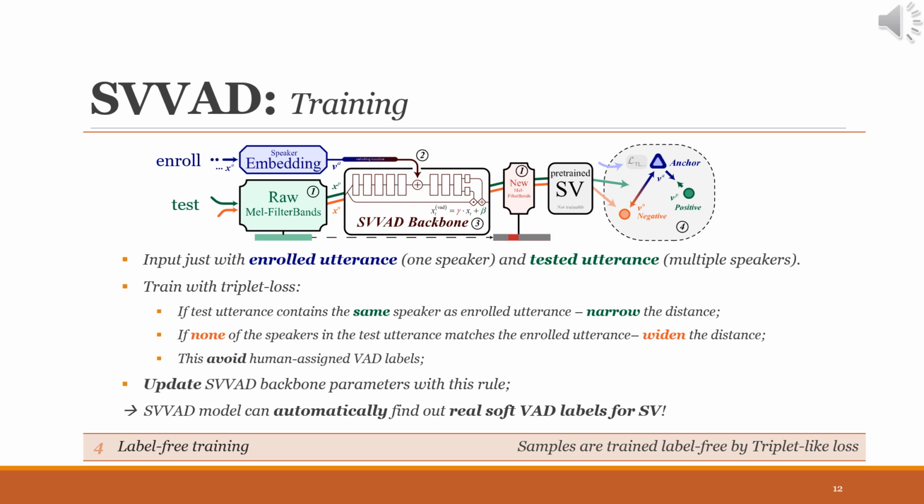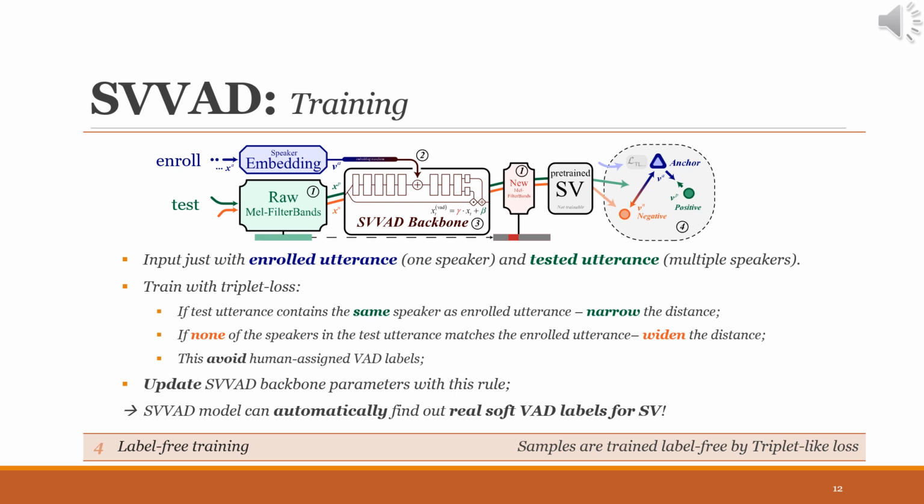If the enrolled sample and tested sample contain the same speaker, for example, if the enrolled sample has speaker A and the tested sample has speakers A and B, here they have the common speaker A. Then the model will narrow the distance of voiceprint vectors. Otherwise, if the enrolled sample has speaker A, but the tested sample has speakers B and C, here they don't have the common speakers.